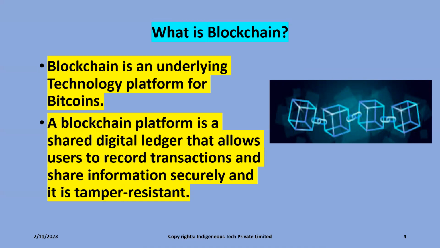For this, the Bitcoin owners or the Bitcoin releasing team have designed a technological platform called blockchain technology. So this Bitcoin is the output of the blockchain technology. So blockchain technology is a platform and Bitcoin is an outcome.